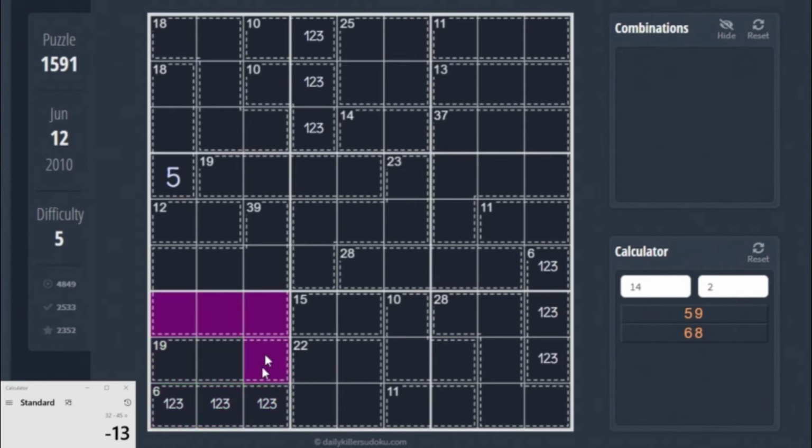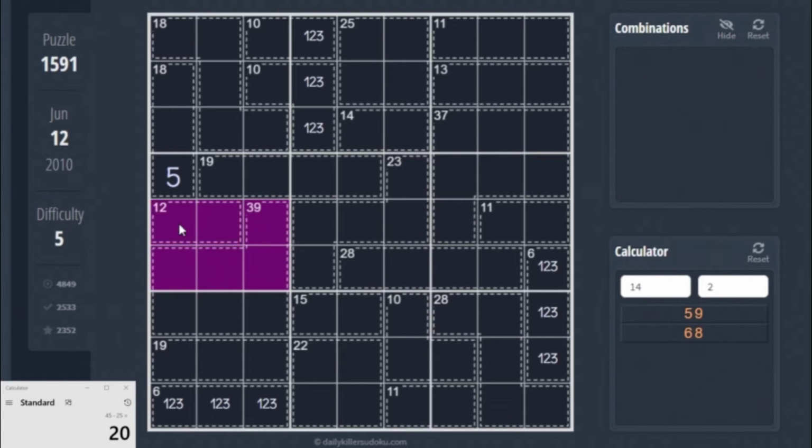And then if we know that this section is 45, 45 minus 25 is 20. These 3 cells are 20. And then if we extend this section to the whole cage, 39, and then this 20, these cells are gonna be 19, right?